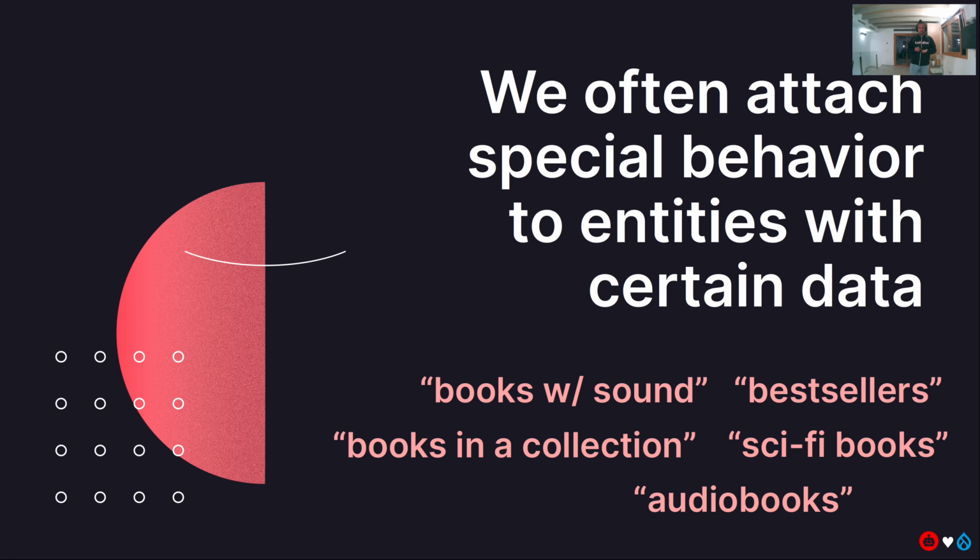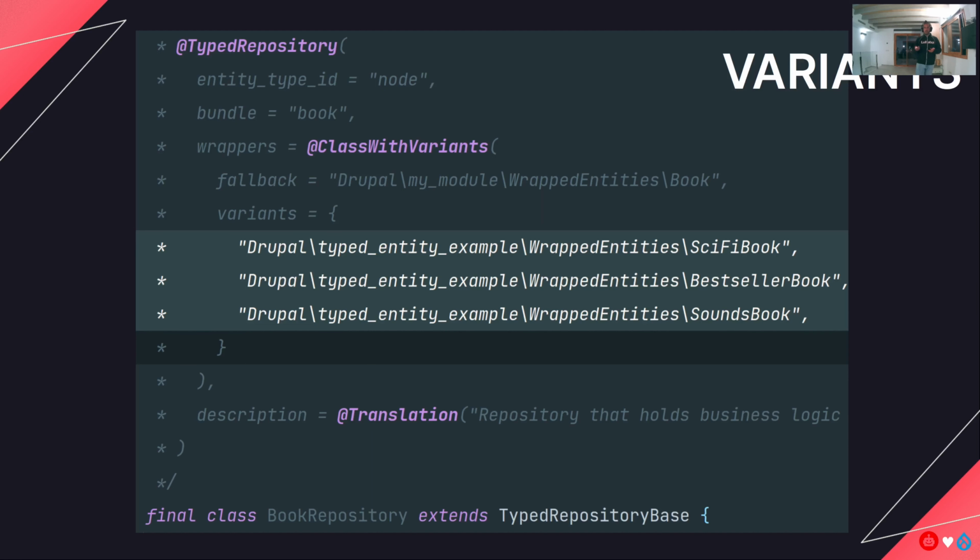That will be an uncommon case, but still something that you might need. A good example of this is the audiobook, as I said before, and how you construct that URL, or if you already served that URL to that user, stuff like that, that is specific to audiobooks and not all books. So how do we deal with that? Well, we have a way. In the wrappers key, we said that we have a class with variants.